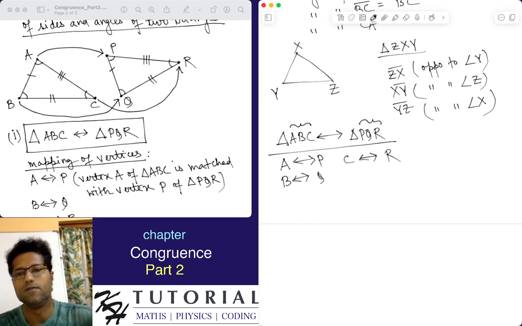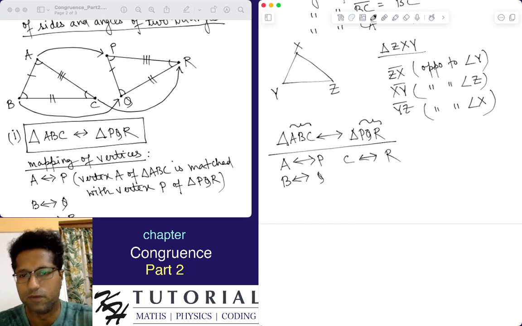This is how we get the mappings of the vertices. Vertex A of triangle ABC is mapped with vertex P of triangle PQR. Vertex B of triangle ABC is mapped with vertex Q of triangle PQR, and vertex C of triangle ABC is mapped with vertex R of triangle PQR.